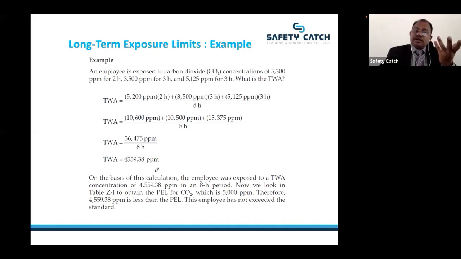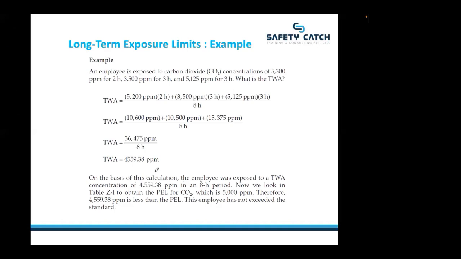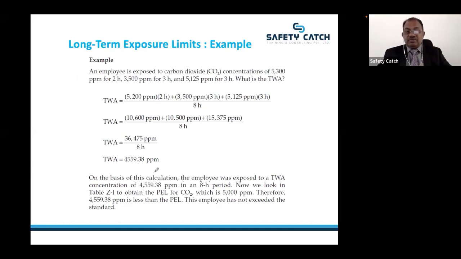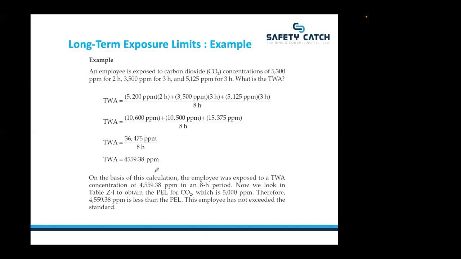Why 25 ppm? Because your allowable is how much? As per UK EH40, allowable is 20 only, but the alarm will start at 25. And the second alarm will be at 100 ppm. That is for the STEL value. Exactly.